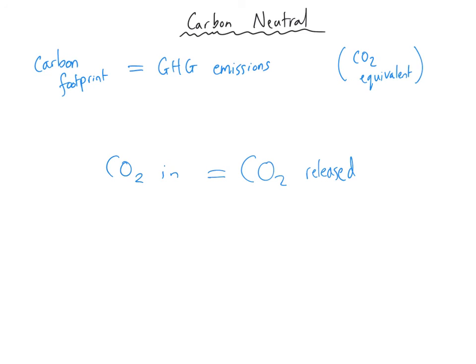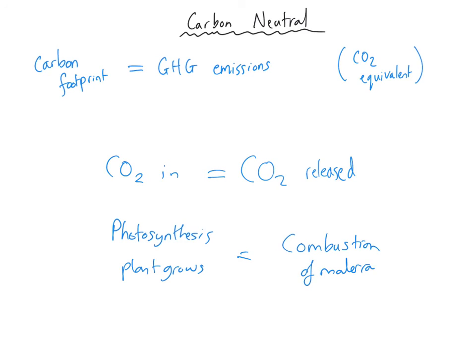The most simple example of this is, say, carbon dioxide going in during photosynthesis as a plant grows, and then the CO2 released when we burn that plant. And so that is considered to be significantly closer to carbon neutral than burning alkanes.